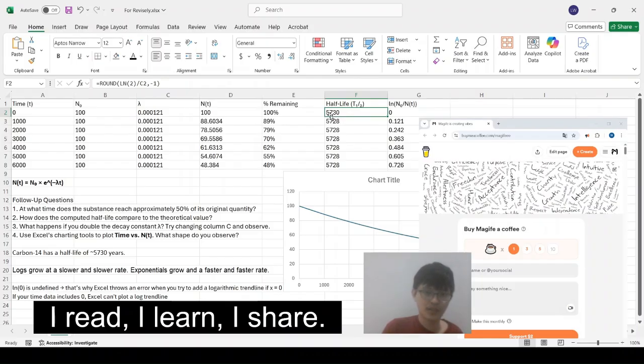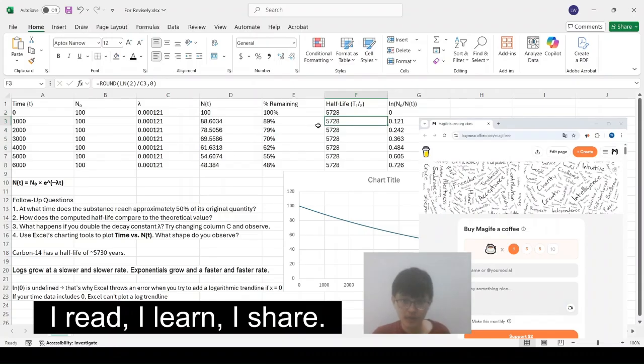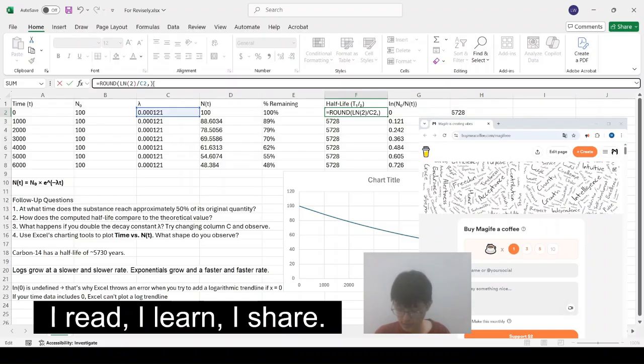So this is the first, second, third, fourth. So -1 is rounding the first. Okay, so the original is 5,728.